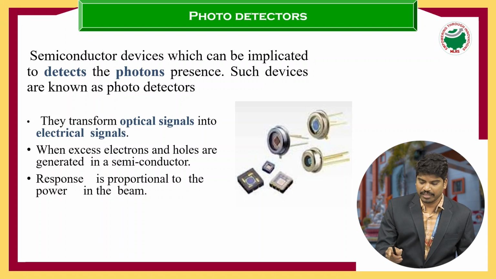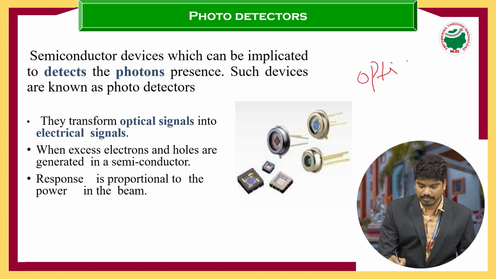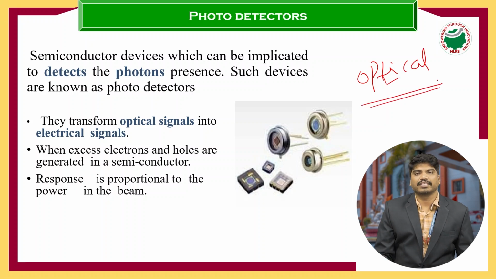Especially we all know optical fiber communication. In optical fiber communication, we send the information in the form of optical pulses, so that the information can transfer from one cellular tower to another cellular tower, as light pulses, or from one user to another user.